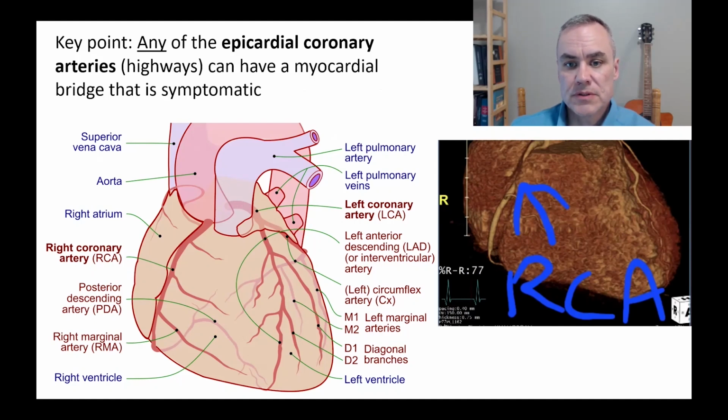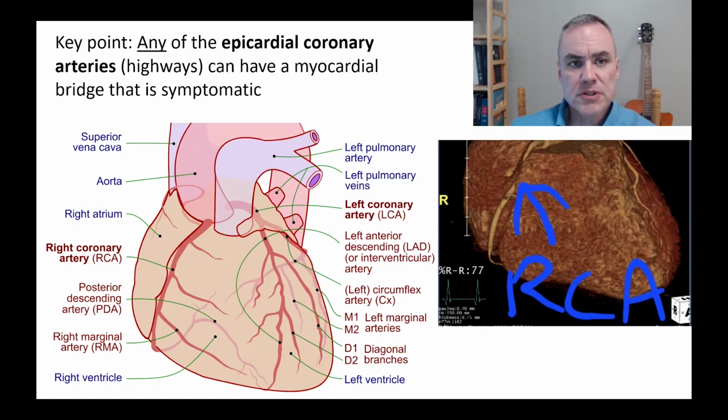That's actually a big myth that needs to be busted, because it's a self-reinforcing myth. When doctors are told or think that they're only supposed to be looking on the LAD for myocardial bridges, and then they do that, you're only going to find them on the LAD because you're not looking anywhere else. You're not going to find anything where you're not looking.